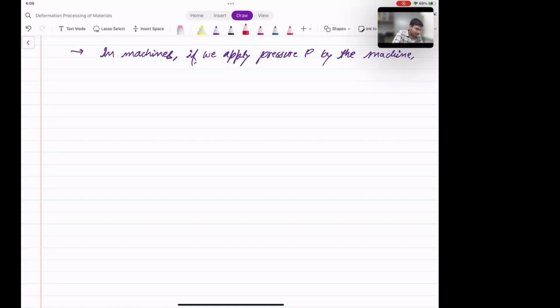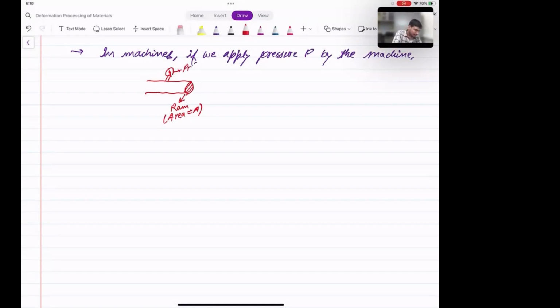Suppose we have a ram of cross sectional area A. Say some pressure gauge is attached here to measure the pressure, and this is the ram of area A. Then we first need to calculate the load or force which is being applied due to the pressure measured by the pressure gauge.